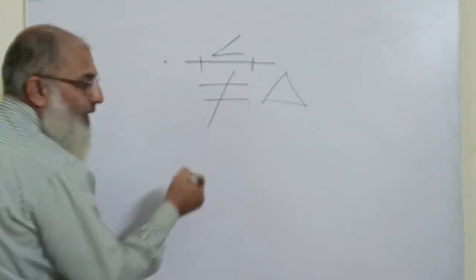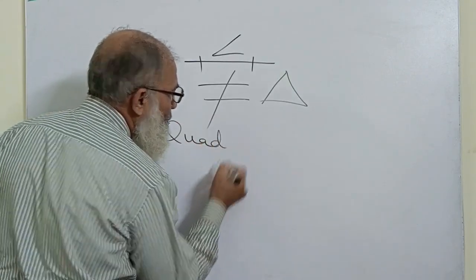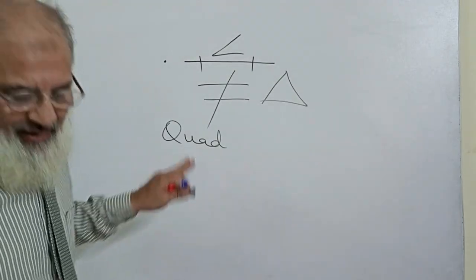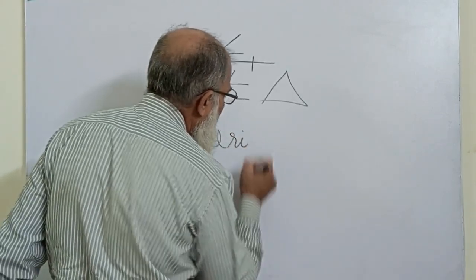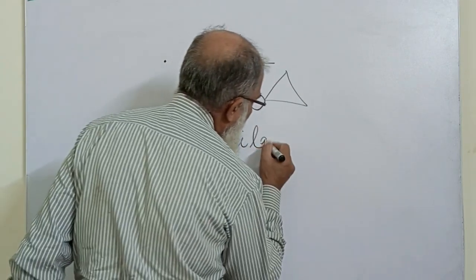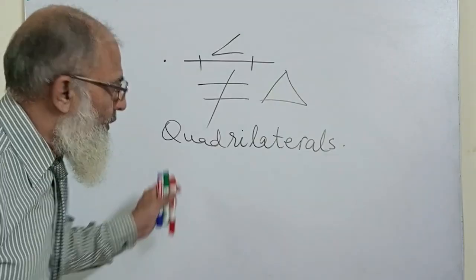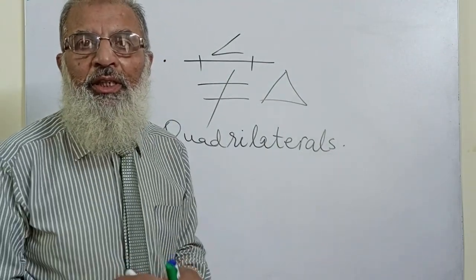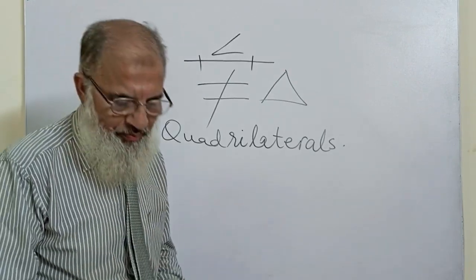We have come now to the quadrilaterals. Now you see the name implies quadrilaterals. Quadrilateral means a four-sided figure. Now dear students, quadrilateral means a four-sided figure with four interior angles.